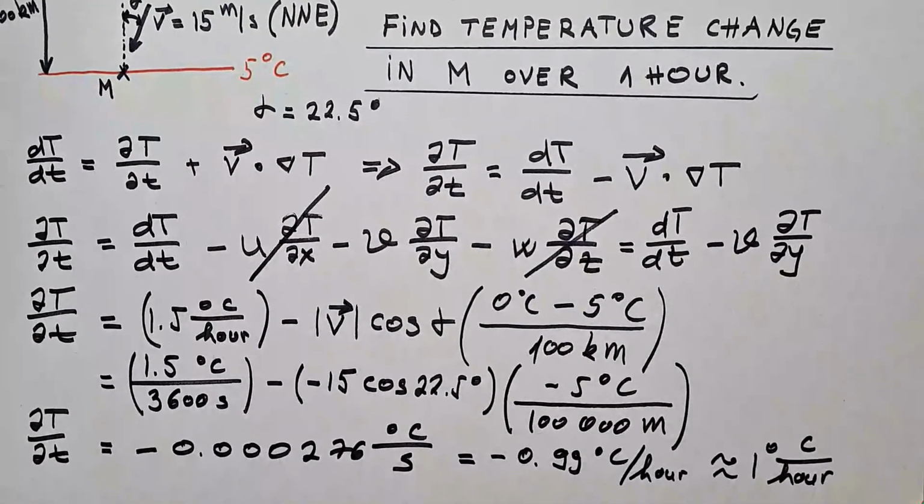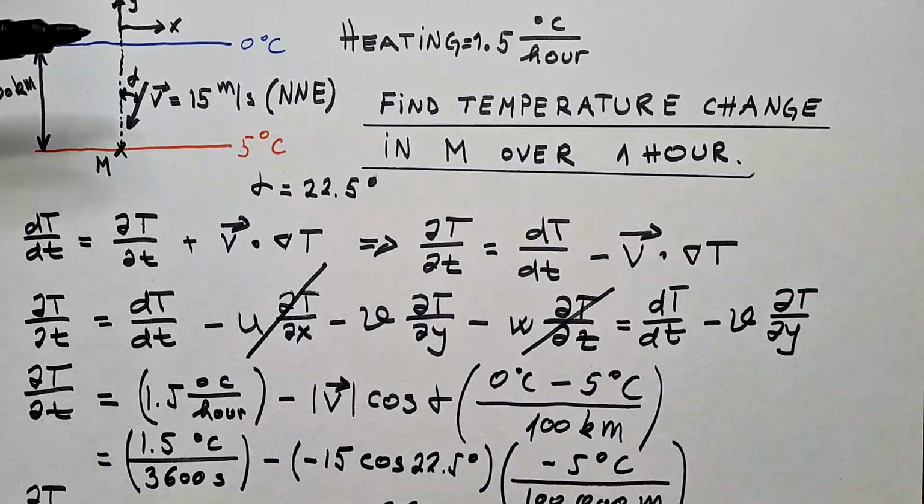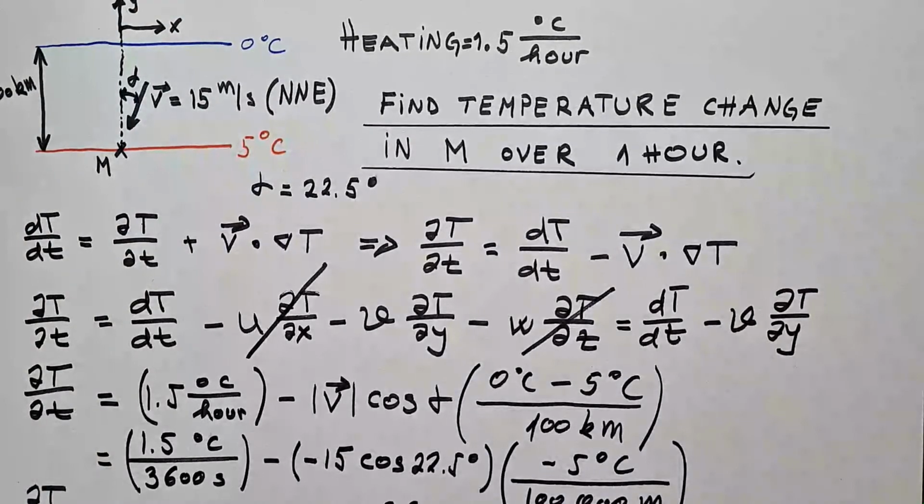And in our problem, there will be a decrease of temperature of 1 degree Celsius per hour, which means that the cold advection is overpowering radiative heating. We saw here how these two terms are fighting each other, and in this particular case, advection won, and therefore we have an overall decrease of temperature with time.